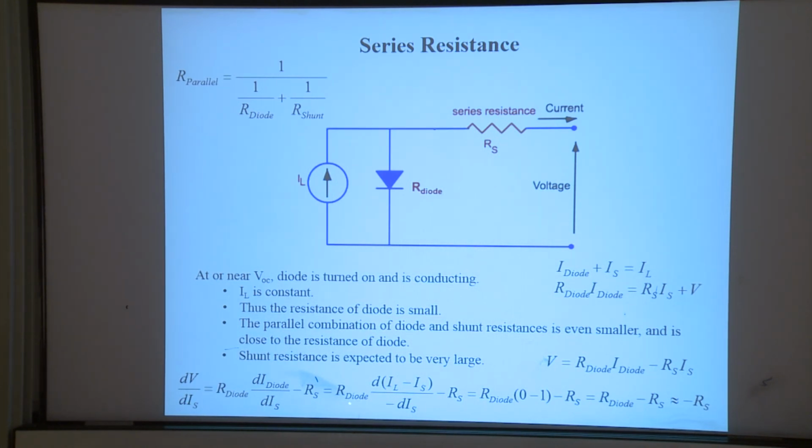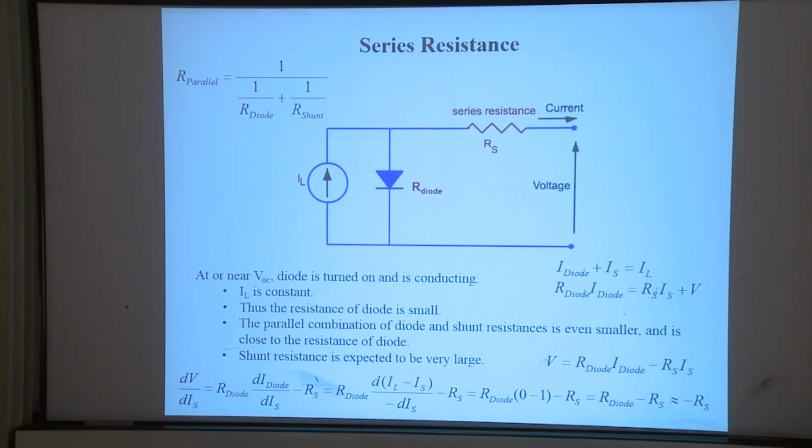So we will be able to get that. And since I_L is constant, the derivative of I_L minus I_S will be 0 minus 1. So it will be R_diode plus R_S. And since R_diode is much smaller than R_S, it will be almost equal to the series resistance.